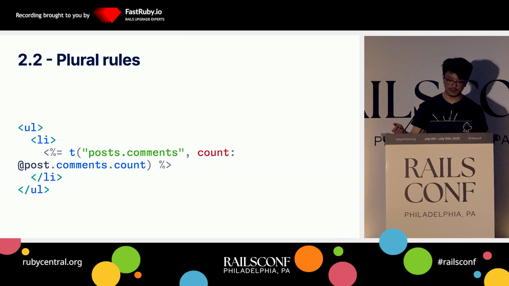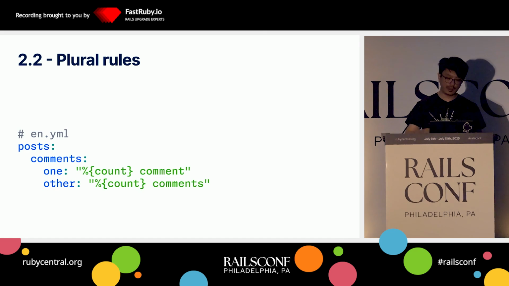And once again, though, luckily, Rails has support for plurals as well, baked right in. So we start by externalizing the string as before, but then we also pass this special variable called count, with the value being the number of comments or the number of things that we're counting. And then when we go to the locale file to write the translations, instead of writing the strings directly, we supply these two special subkeys.